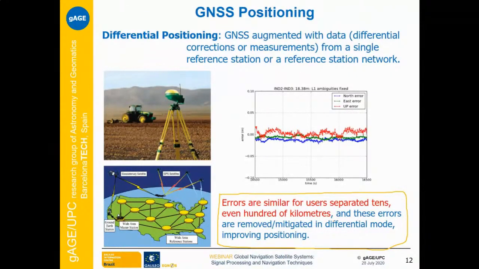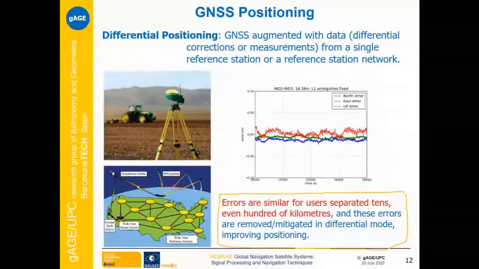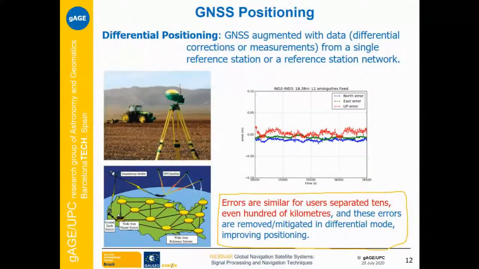The key idea of differential positioning is that these errors are similar for users that are separated some distance, tens, hundreds of kilometers. So some of these errors that we have seen, we can mitigate, we can eliminate when using more than one receiver.